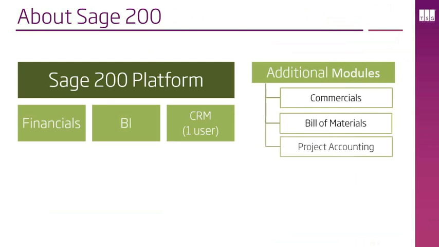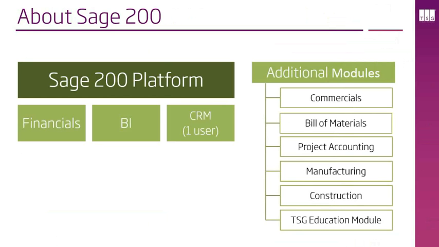Now once you've got that platform, as I say, we're not in the world of bolting on third-party programs and databases here. Line 100 in the original days was fundamentally an accounting package for accountants, and what we've got now in terms of Sage 200 is a proper business system which is fully integrated out of the box, where we can build up the solution that's appropriate to your company with a choice of various modules.